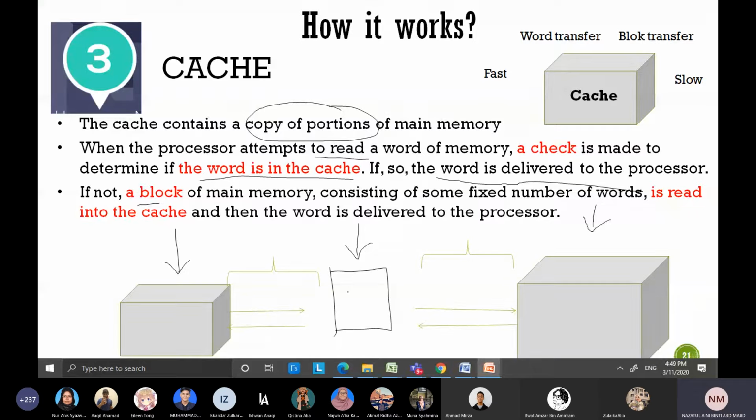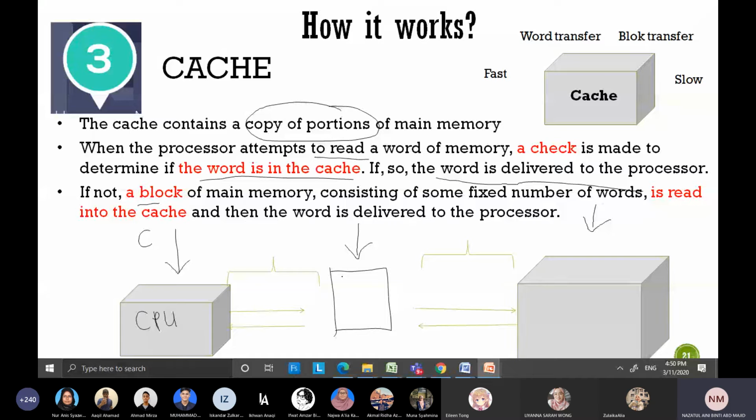Okay, what is the middle here? What do you think? CPU? No, if CPU is in the middle, then what's on the left? CPU here? Cache, right? Yes, okay.